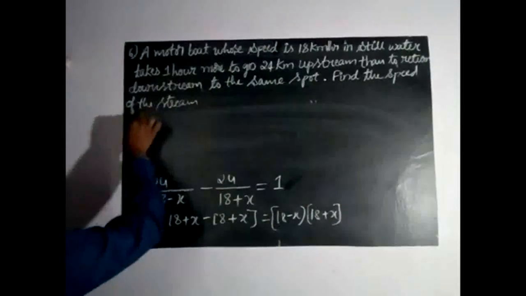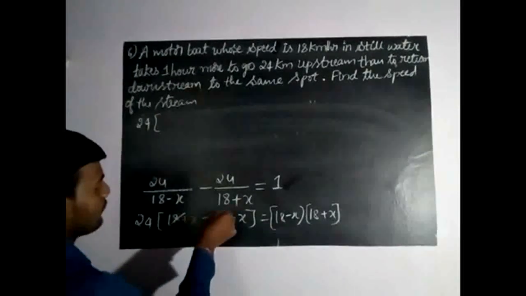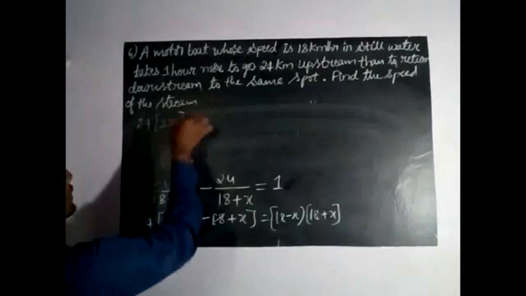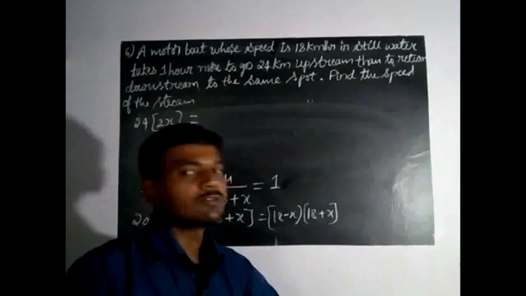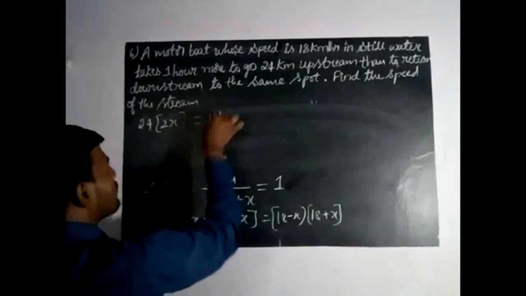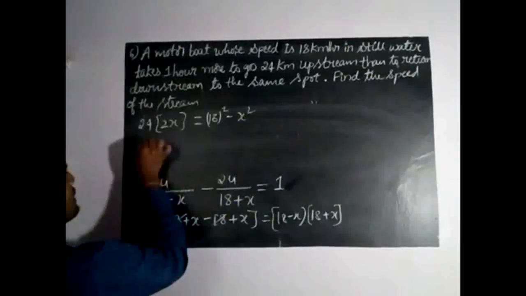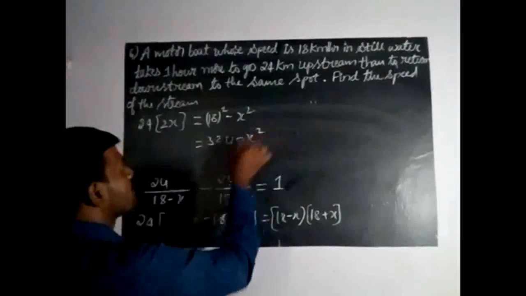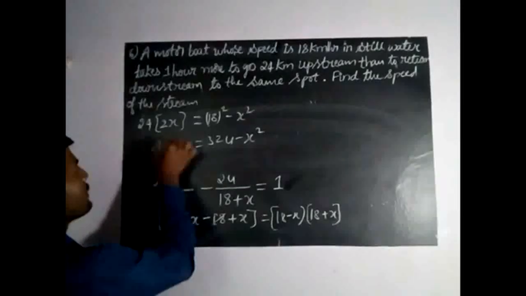After simplification, 18 minus 18 cancels, x plus x becomes 2x. Here it is of the form a plus b into a minus b, so you will get 18 square minus x square. 18 square is 324 minus x square. 24 into 2x means 48x.